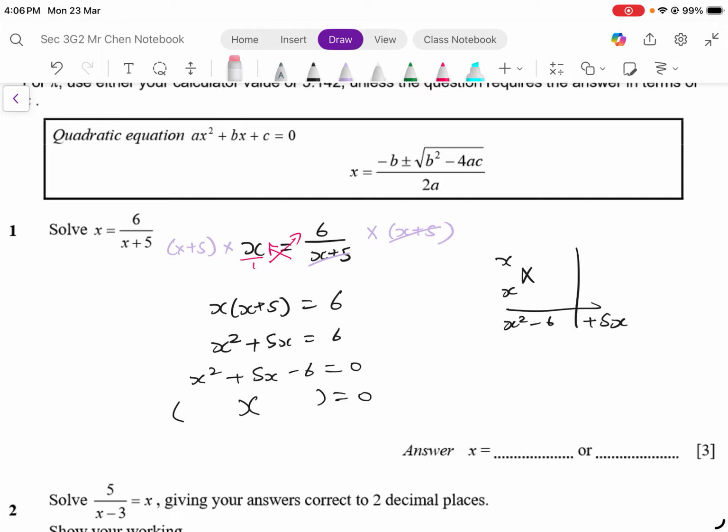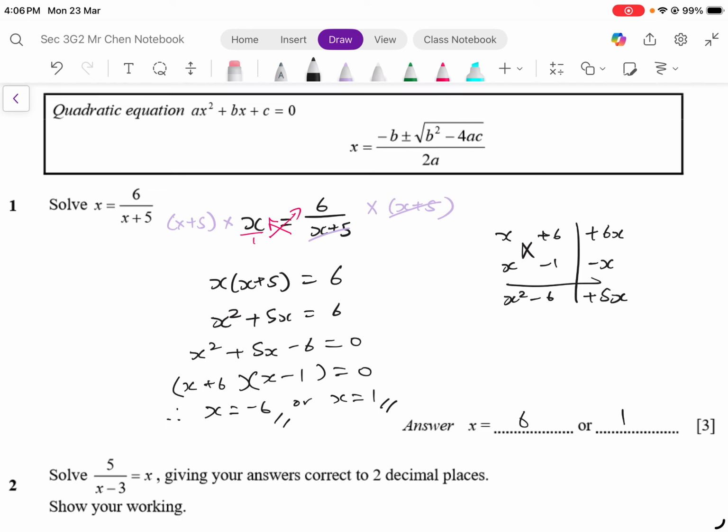So you should get plus 6 minus 1. So you get minus x plus 6x. Then you will get your answer. So you will get x plus 6, x minus 1, x equals minus 6, or x equals 1. Okay, so that's for question 1.